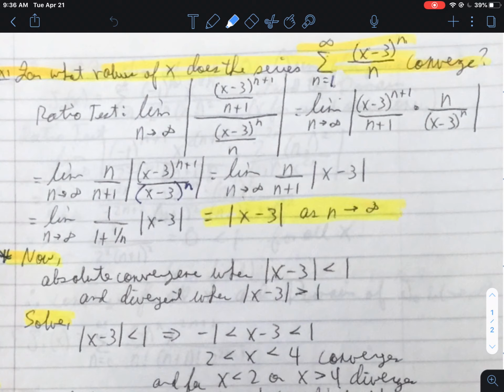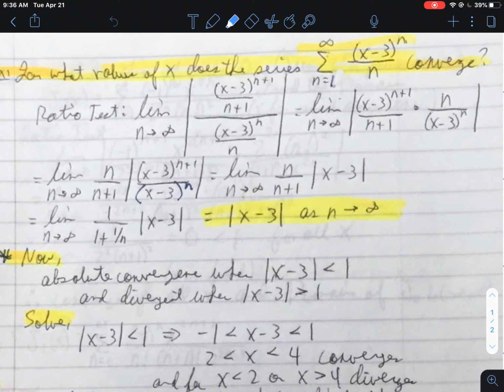Now again, this is just right back to using ratio test as before, so nothing changes in terms of ratio test. We just have to keep track of that x. That's the only difference. So there's a sub n plus 1 divided by a sub n, or a sub n plus 1 times the reciprocal. Now again, I can rewrite (x minus 3) to the n plus 1 as (x minus 3) to the n times (x minus 3).